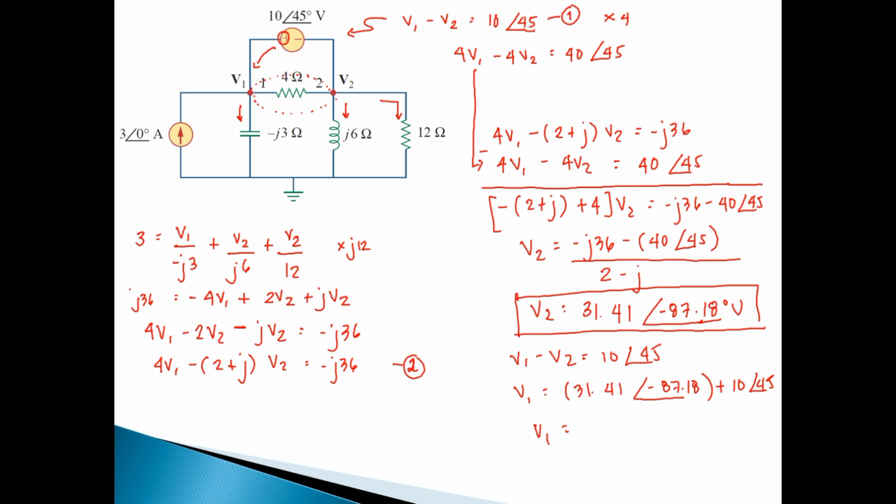So V1 is equal to 25.78 angle negative 70.48 volts. And so that's how we do the supernode.